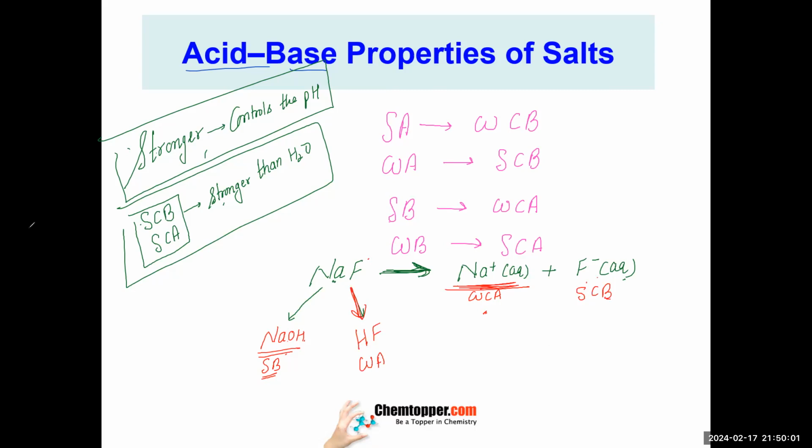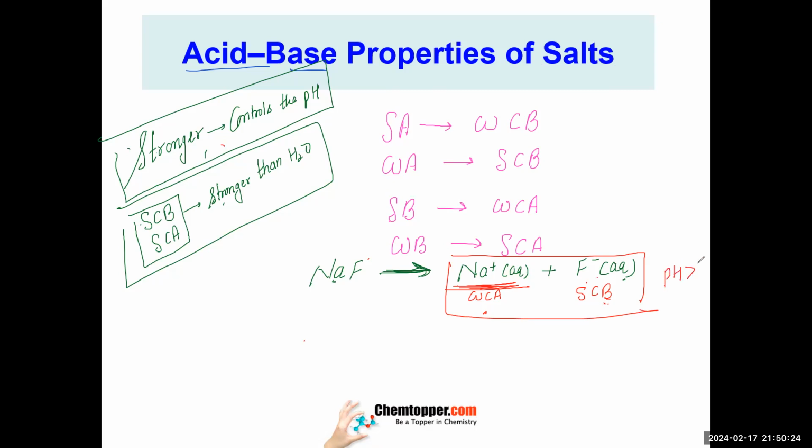And what is this strong conjugate base going to do, Afan? Now finally, I have a strong conjugate base. Who is going to control the pH? The strong conjugate base. And it's a base. So pH will be more than 7.